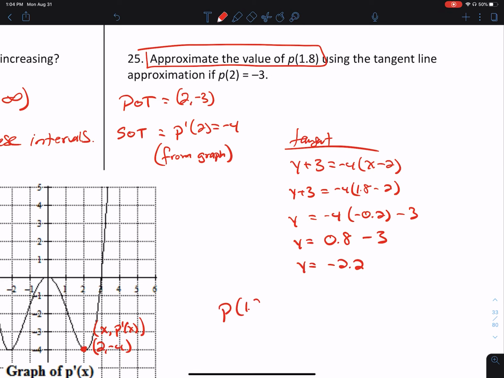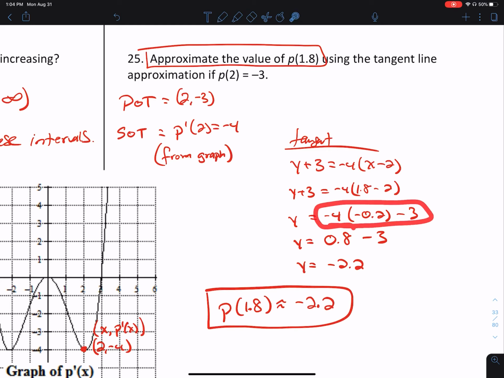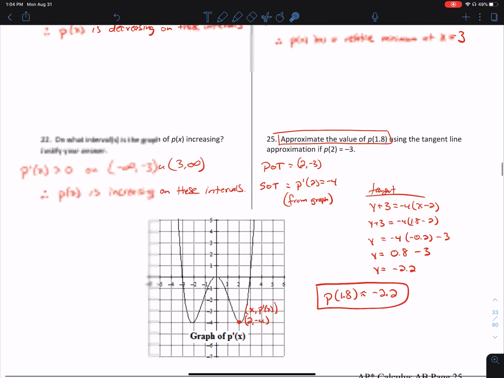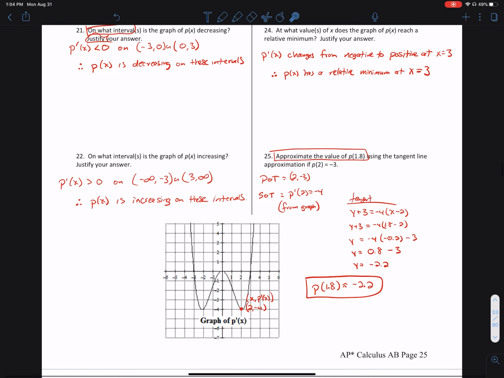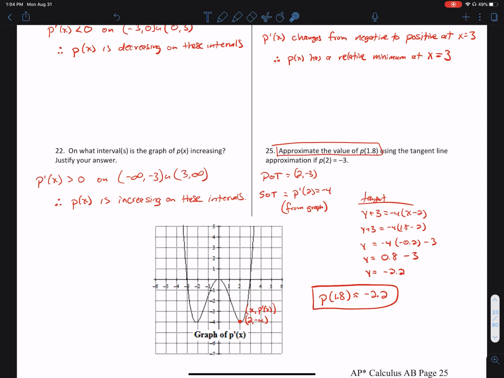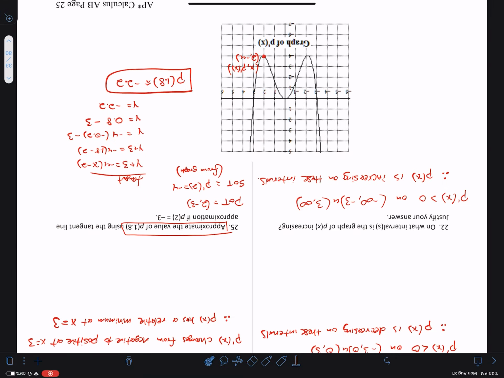P of 1.8 is approximately negative 2.2. Or if you prefer, it's approximately this. Doesn't say to tell us if it's an over or under approximation. Doesn't tell us about the concavity. So we could stop. We are finished with these notes, and hopefully you all are ready for your test. Thank you very much.